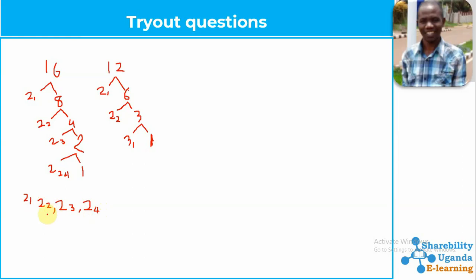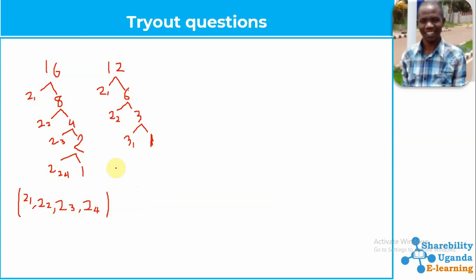Here we have commas. So we can see that this is a set of prime factors that we have been able to get.